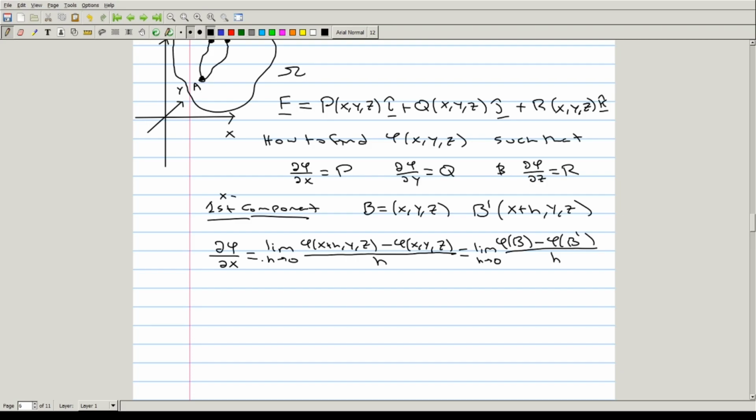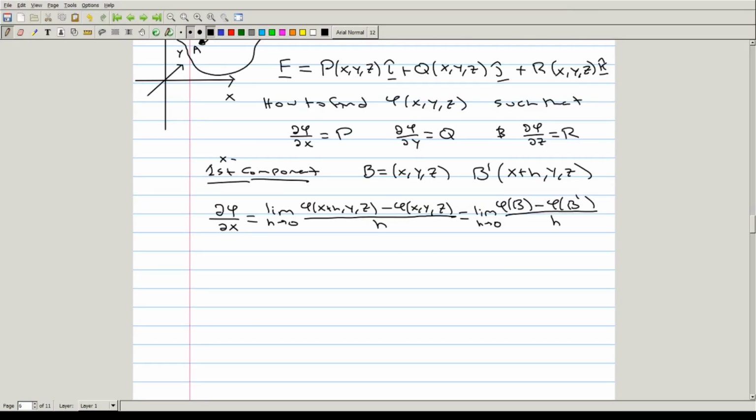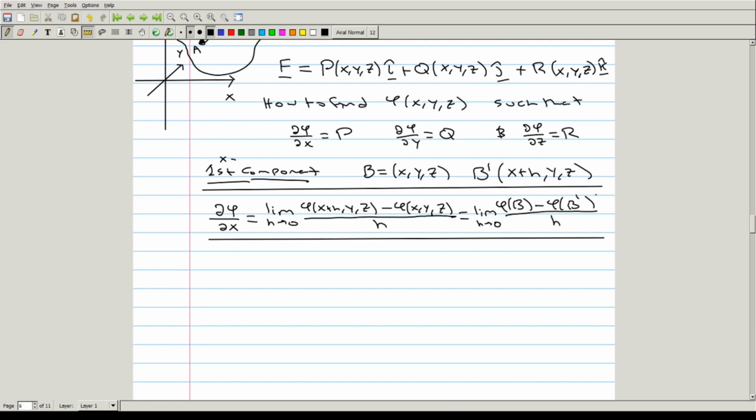And the idea here is that we're looking for the way forward for defining this phi function. So without loss of generality, let's go through and do this.